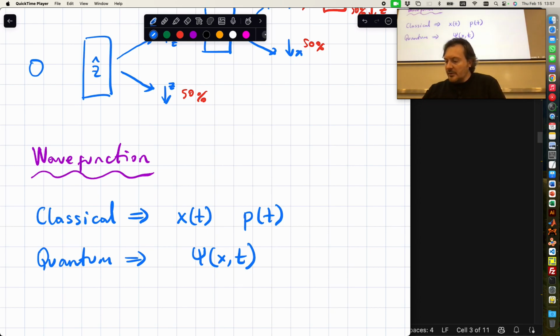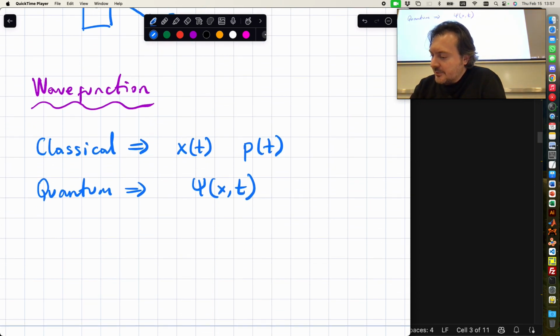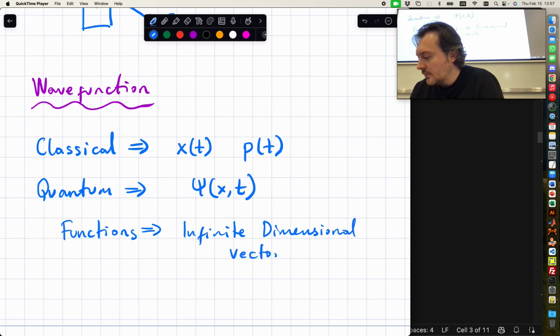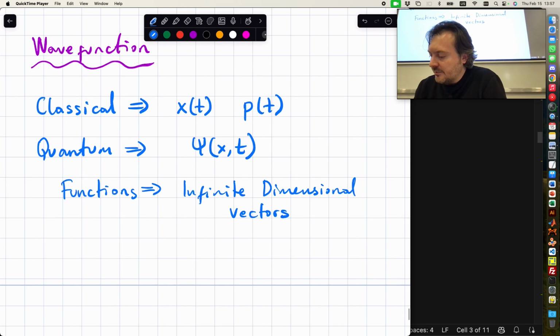We think of this function, and let me remind you, if you have watched the prerequisite videos, we think of these functions as infinite dimensional vectors. Just imagine a function.